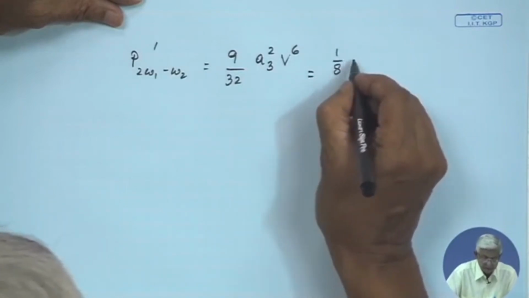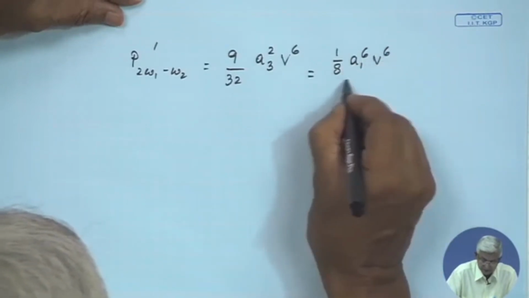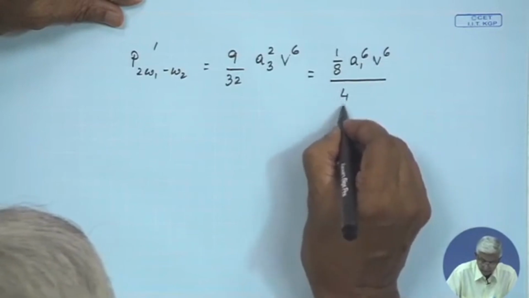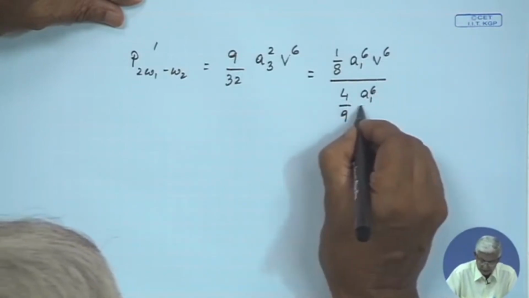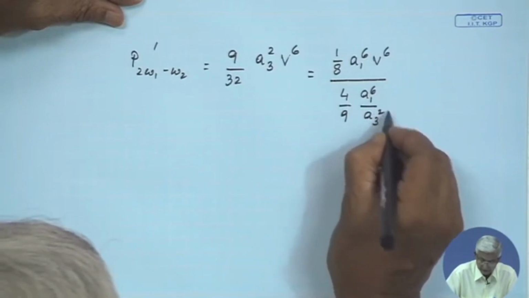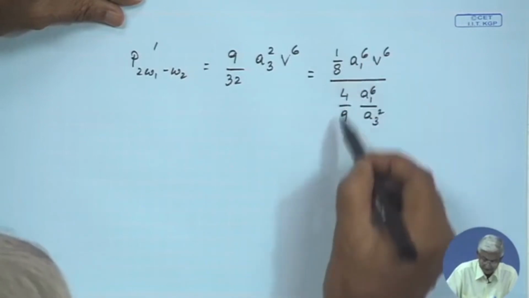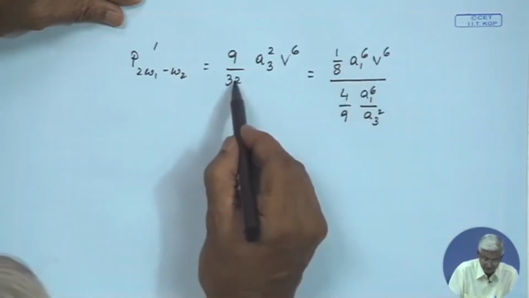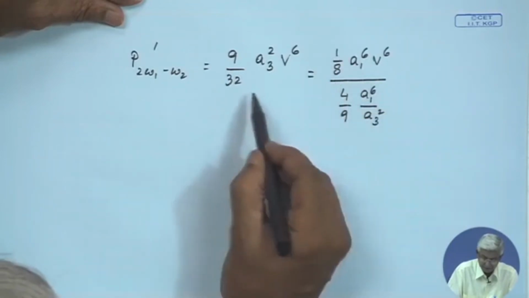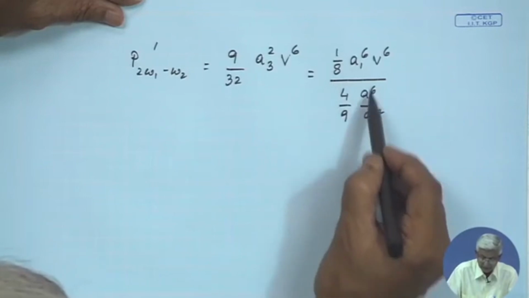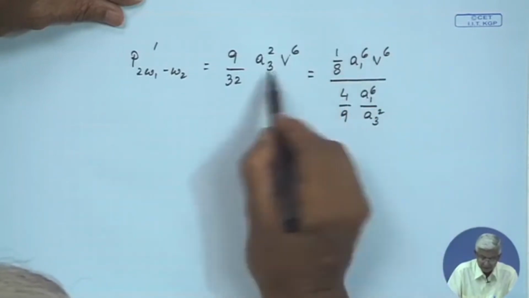If I write it this way, 1/8 A1 to the power 6 V to the power 6 by 4 by 9 A1 to the power 6 A3 square. Now, you can cross check this and you will get back to 9 by 32. 9 by 9 goes up, 8 into 4 is 32. Similarly, A1 to the power 6 gets cancelled, and A3 square V to the power 6 remains.